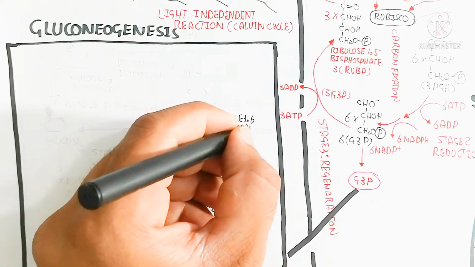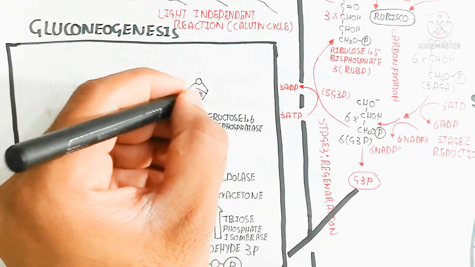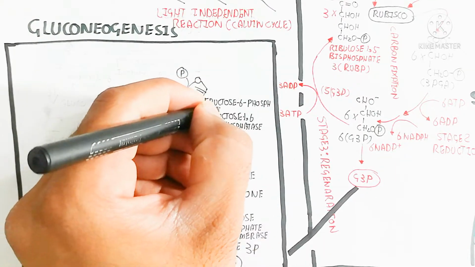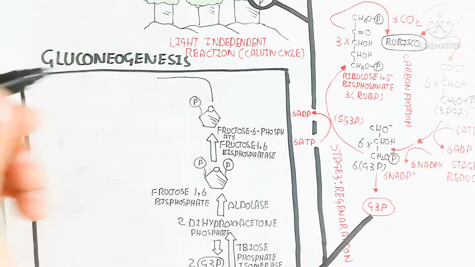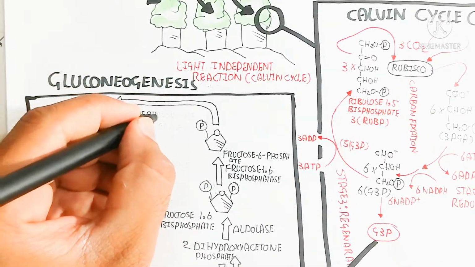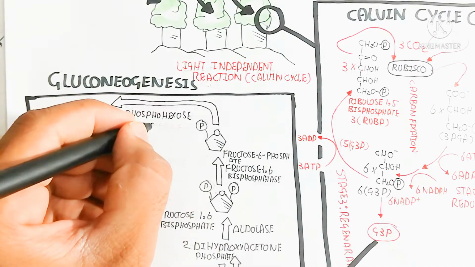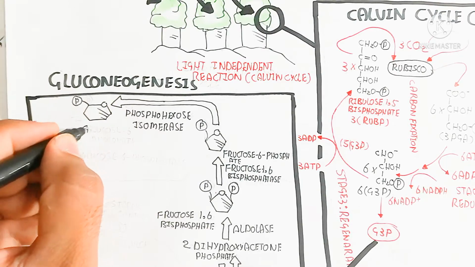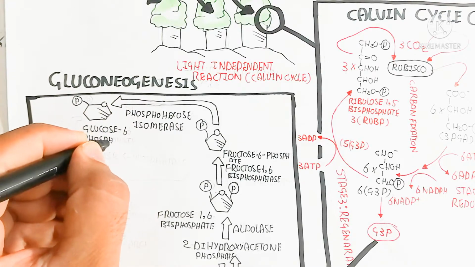This fructose 1,6 bisphosphate contains 2 phosphate groups, and it will be converted into fructose 6 phosphate, and then the phosphohexose isomerase enzyme is used for isomerization to produce glucose 6 phosphate.